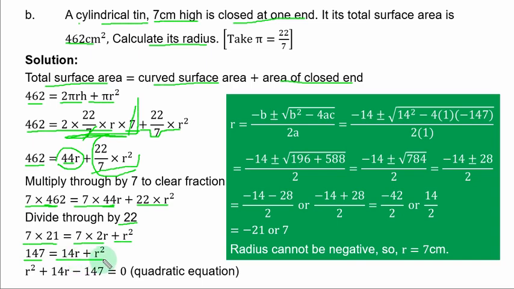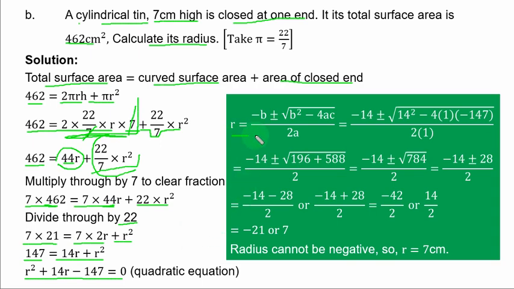What you have here is a quadratic equation. To factorize or use any other method, the right hand side is always 0. So let's transfer 147 in. So you have r squared plus 14r minus 147 equal to 0. Let us solve by quadratic formula.